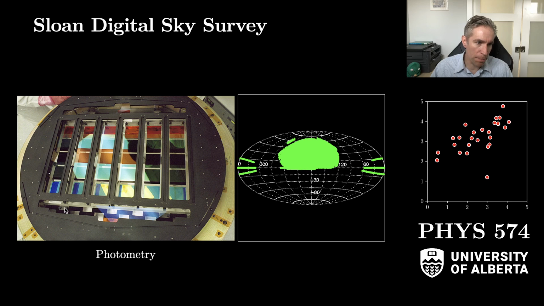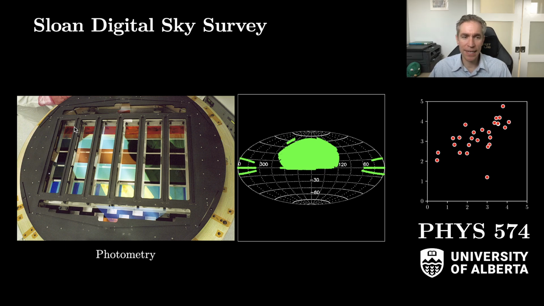So each of these banks here represents five different cameras, and they have five different colored filters in front of them, and they let a star track across here, and they read out the detectors at the sidereal rate of the Earth's rotation. So you march across and measure the light from objects as they move across the sky in these five different filters.